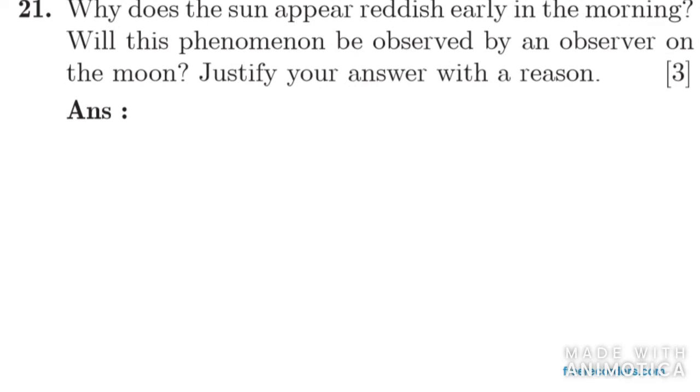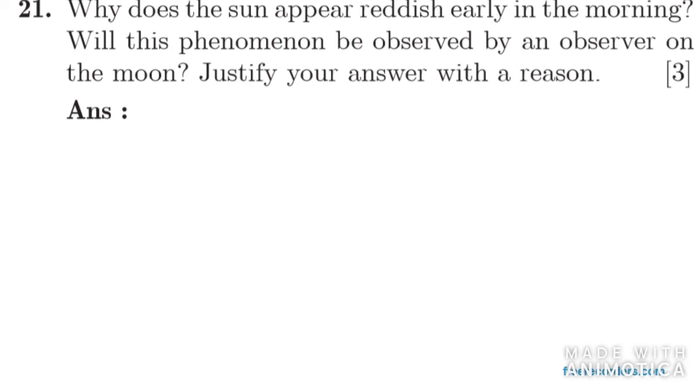Now in 21, it says: why does the sun appear reddish early in the morning? Will this phenomenon be observed by an observer on the moon? Justify your answer with a reason. As you know, in the morning the sun is very near to the horizon. So sunlight reaches us after covering a very long distance and through a thick layer of atmosphere.